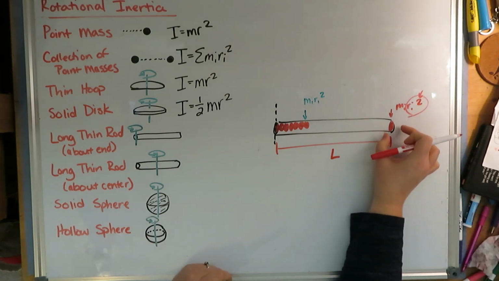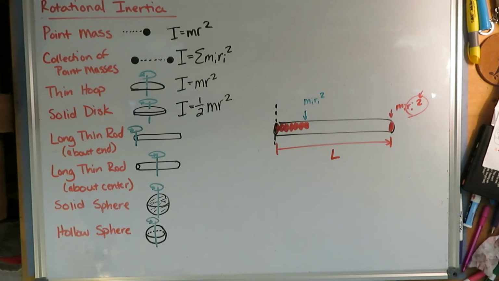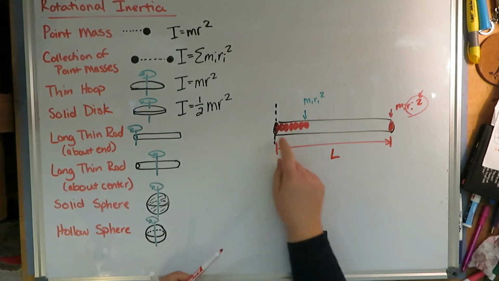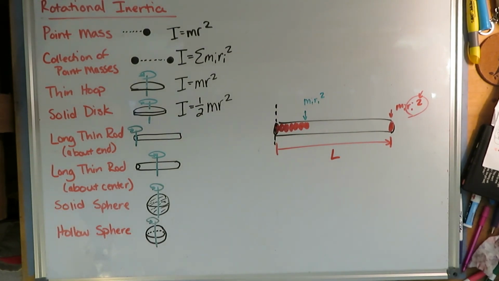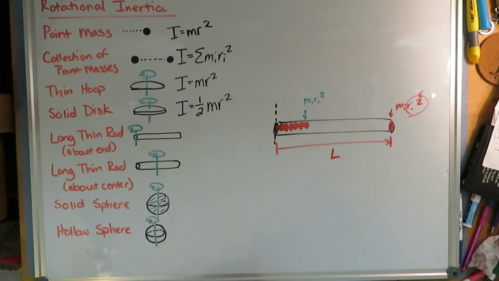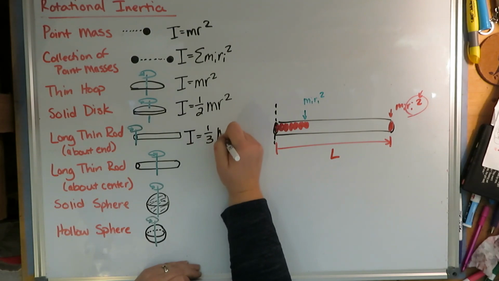Having all of this mass located really far away causes a large, or at least a larger, moment of inertia. But some of your mass is still located at or really close to the axis of rotation, so it's again going to be smaller than a hoop. So in this case, the moment of inertia of a long thin rod is going to be 1/3 mL squared.